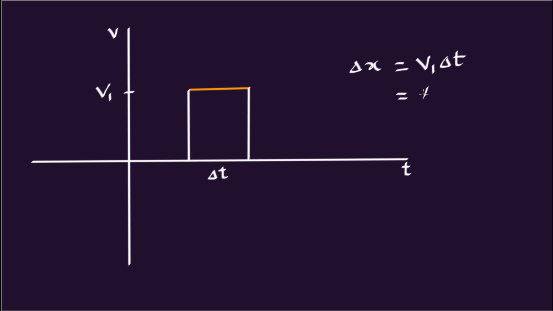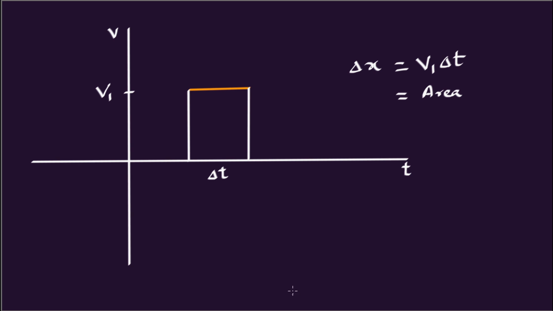So this is equal to the area under the graph, that area. Now area under the graph, what does that mean? In physics and in mathematics, area under the graph means the area bounded by our v versus t graph, the horizontal time axis, and the vertical lines representing the initial and the final times.